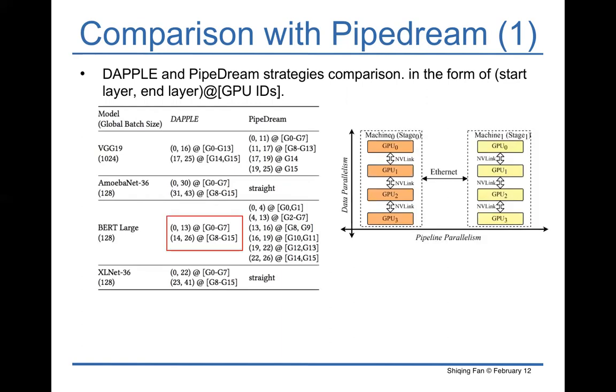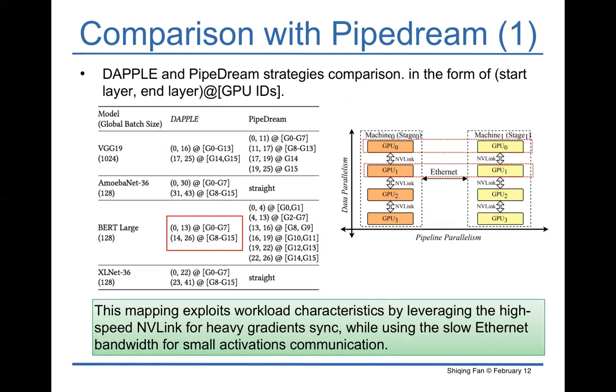Here we take both planners' results as an example. This is the first pipeline, and this is the second pipeline. This mapping explores workload characteristics by leveraging the high-speed NVLink for heavy gradient sync, while using the slow Ethernet bandwidth for small activations communication.